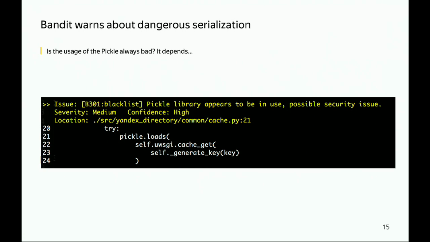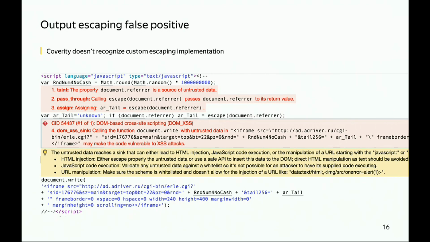We have our own internal cache, and the user input doesn't go to it. It's okay, but Bandit cannot find that out, as it shows you every potentially dangerous place in code.